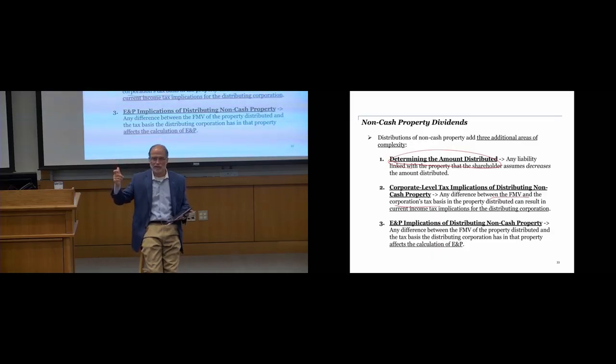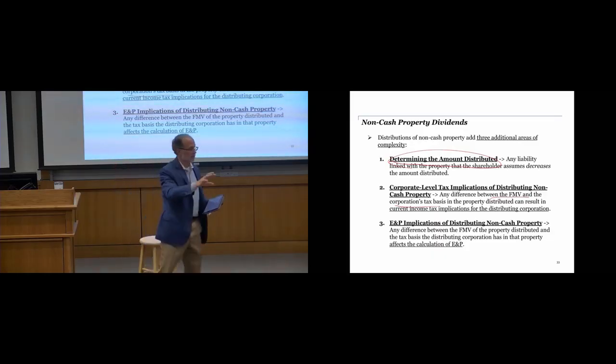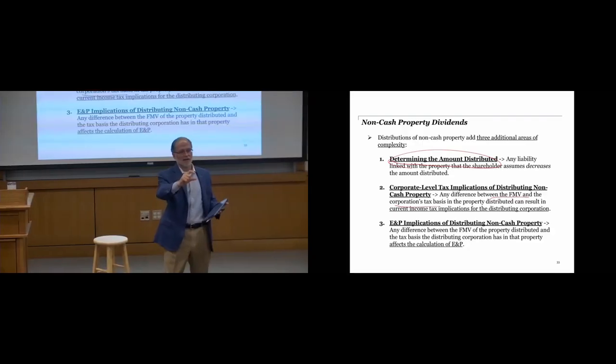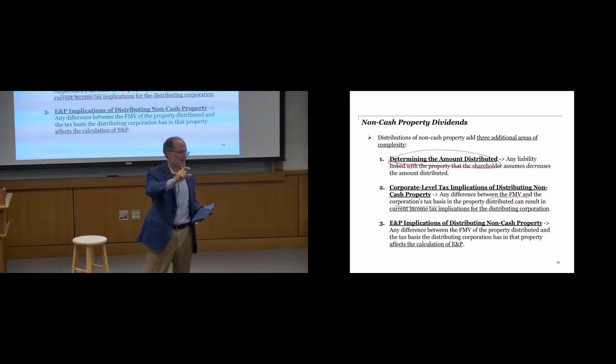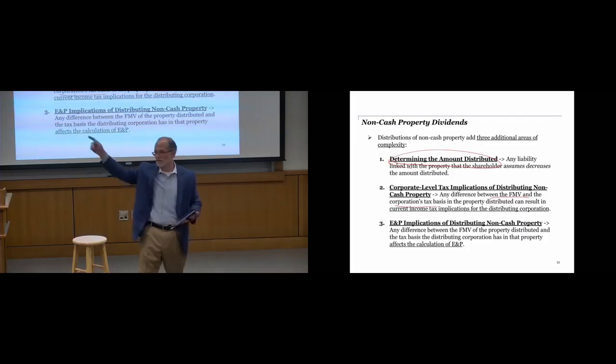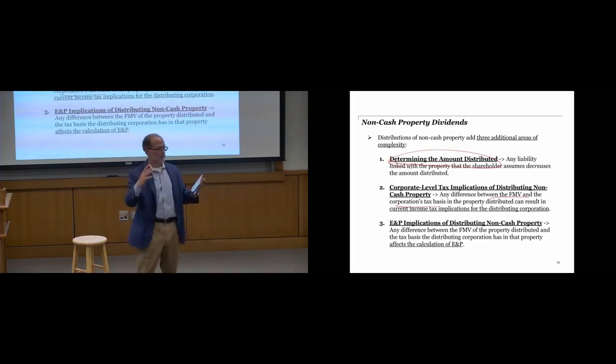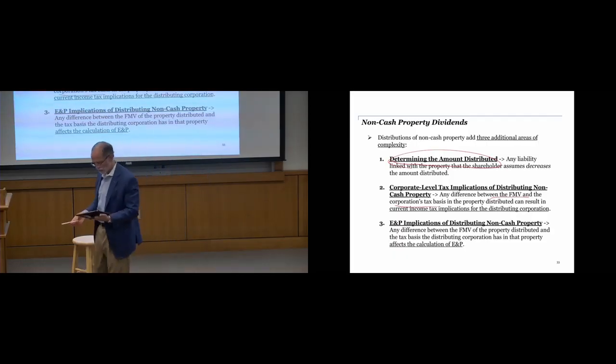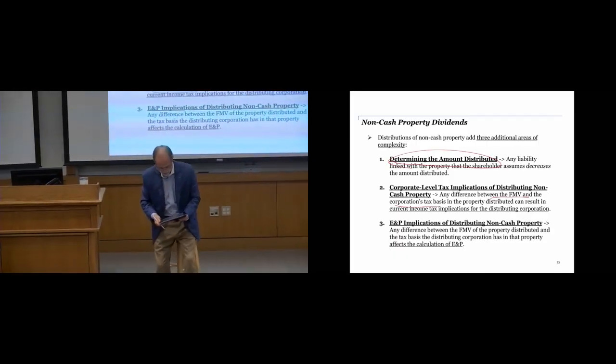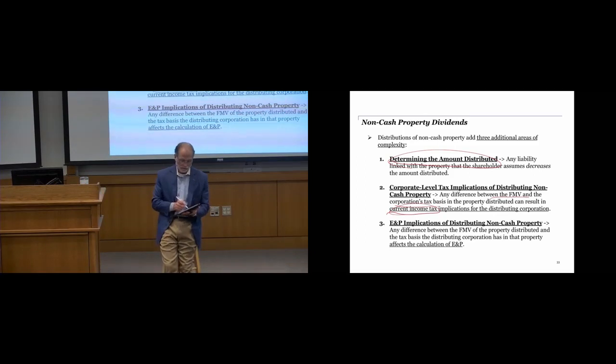The corporation, being a separate taxpayer, can't take an asset that it has a gain in and distribute it without paying tax on that, just like if it sold it for cash to a third party. It's its own taxpayer, with its own tax return and tax responsibilities. So that can result in current income tax implications. That's different than cash, because I don't have gain or loss in U.S. dollars.